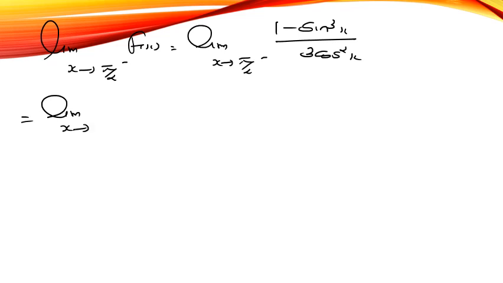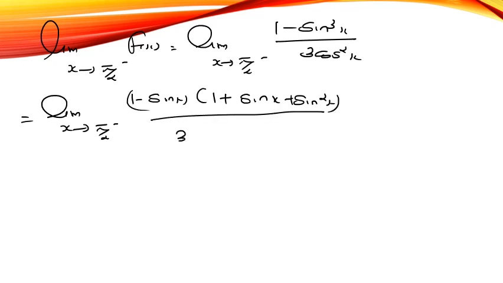How to write this? It is of the form a cube minus b cube. So (1 minus sine x) into (1 plus sine x plus sine squared x), divided by cos squared x. You can write cos squared x as 1 minus sine squared x, which is (1 plus sine x) into (1 minus sine x).